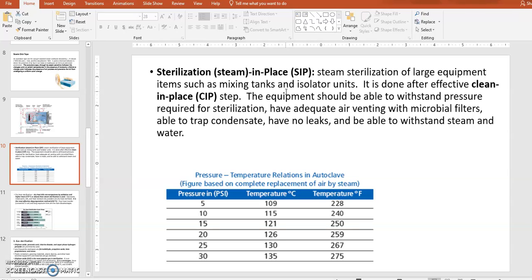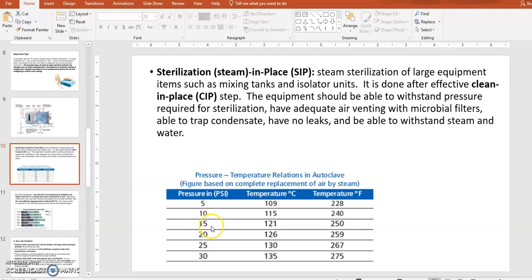So you clean it first, and then introduce the steam generator and make sure all the valves and everything are closed, and then do the sterilization. Now, pressure versus temperature relations in an autoclave. This shows 5 psi at that temperature, and 10 psi, 30 psi at the corresponding temperatures, with complete replacement of air by steam.